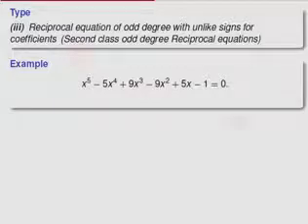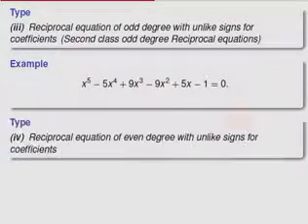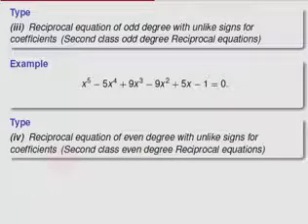What is the next one? The reciprocal equation of even degree with unlike signs for coefficients. You can call this one a second class even degree reciprocal equation. What is first class even degree reciprocal equation? That is even degree with like coefficients.